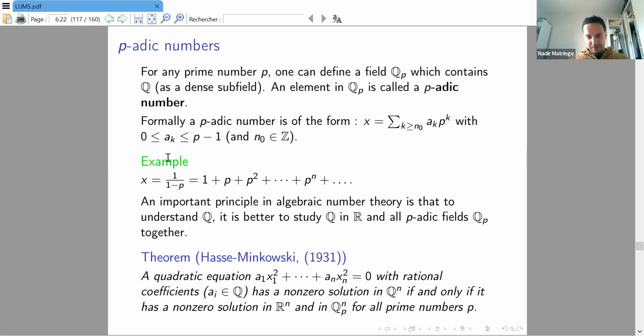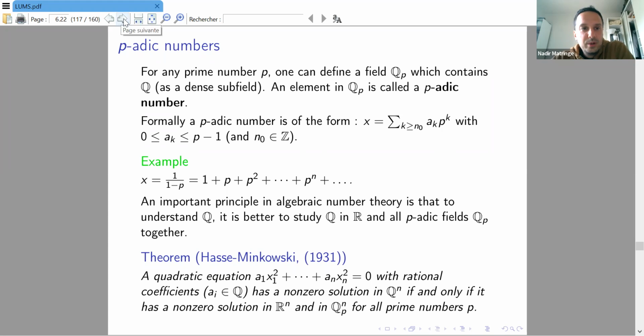And whenever you know that for R and Q_p you have a solution, then you deduce that you have a non-zero solution inside Q^n. So this is one instance of the so-called local-global principle, and one of the reasons why you introduce p-adic fields.